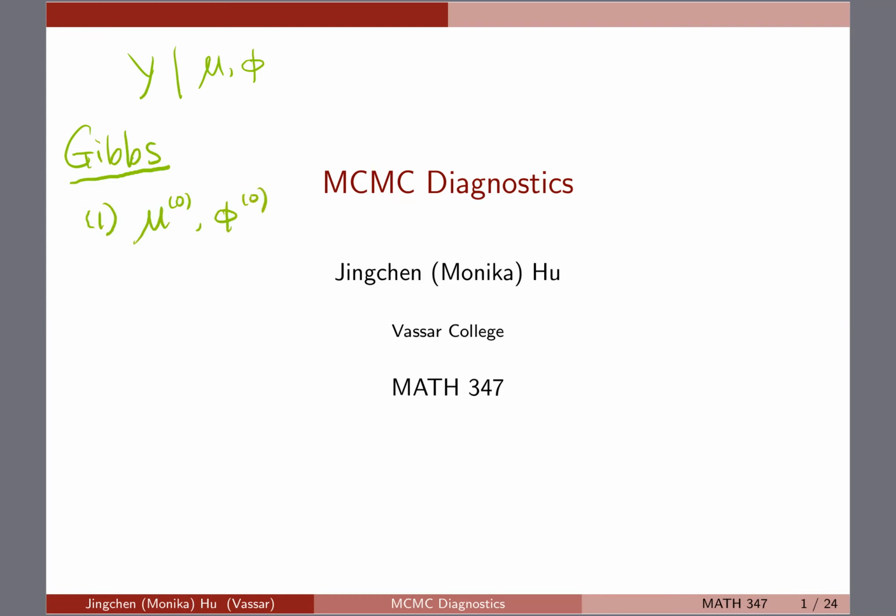Then you draw your new draw of mu, given everything else, which includes phi and the data, and that's a normal. Then you draw your first phi given mu 1 and y, which is going to be a gamma.